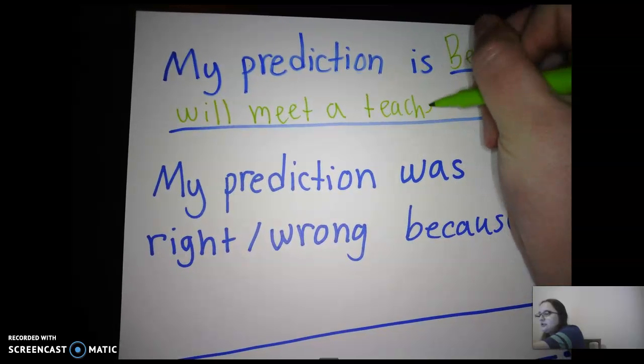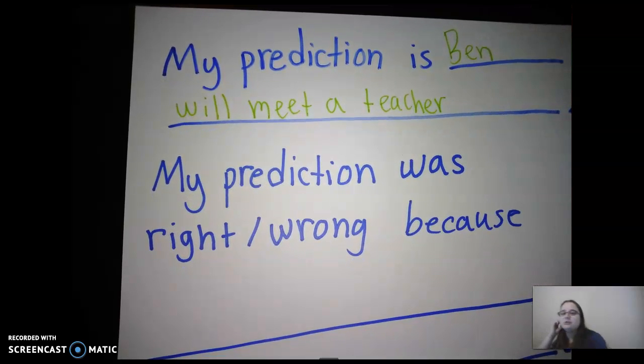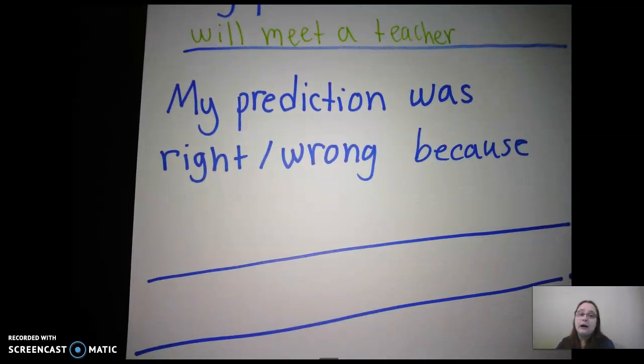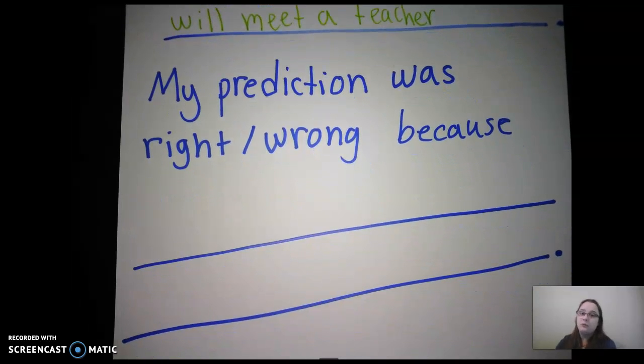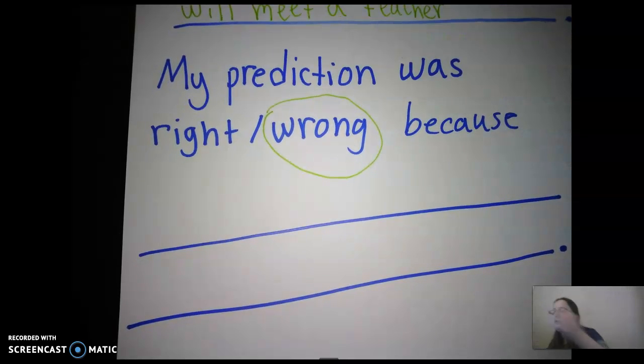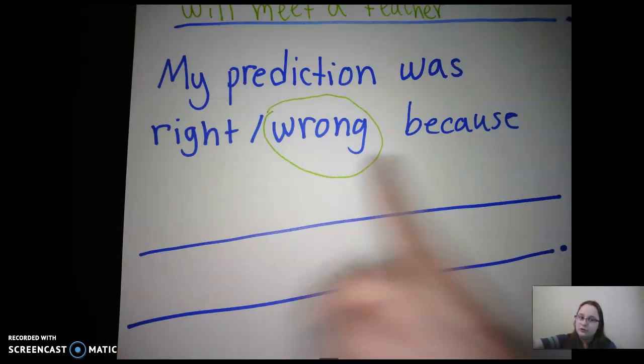And so, friends, you guys are going to go back and make a different prediction. So my prediction is that Ben will meet a teacher, okay? And my prediction was wrong, right? So my prediction was wrong, okay? So I would write wrong. I wouldn't circle it. You would just write wrong.